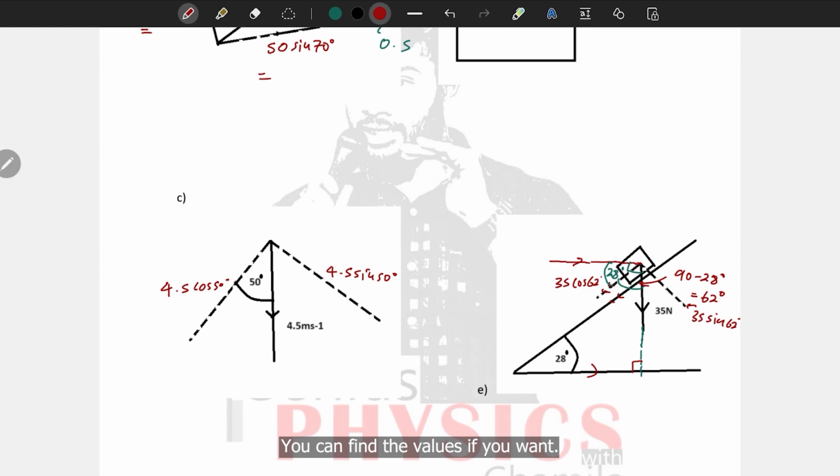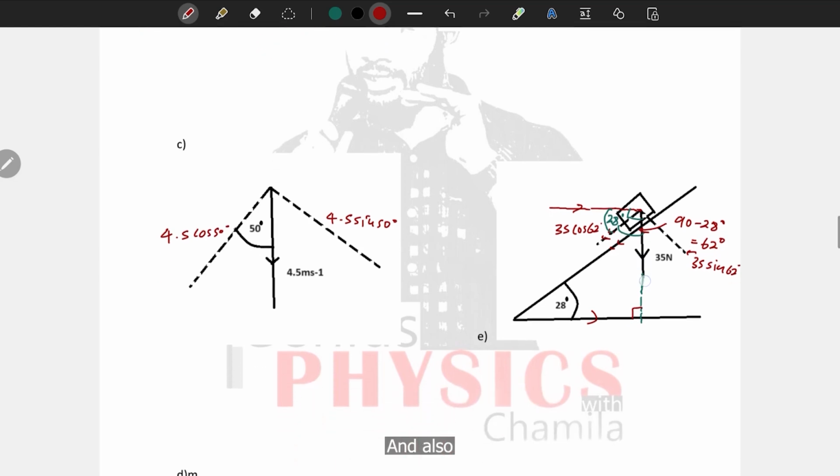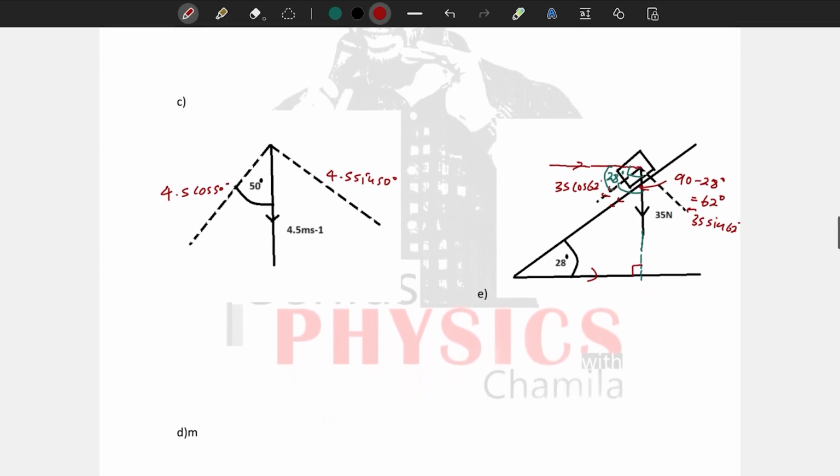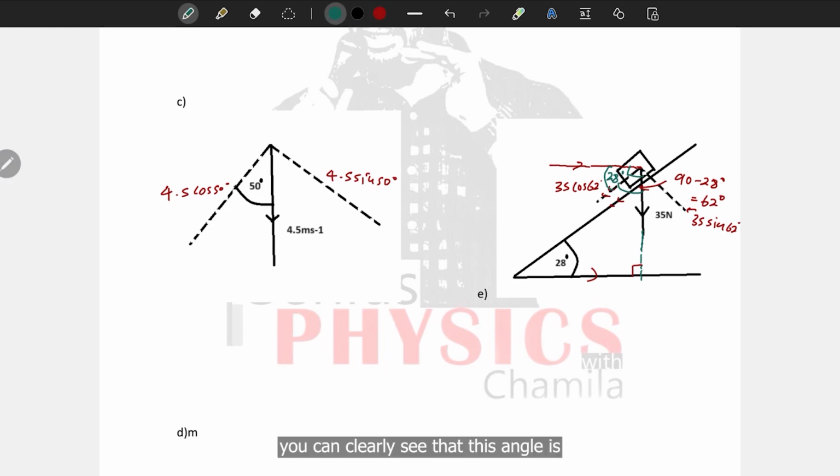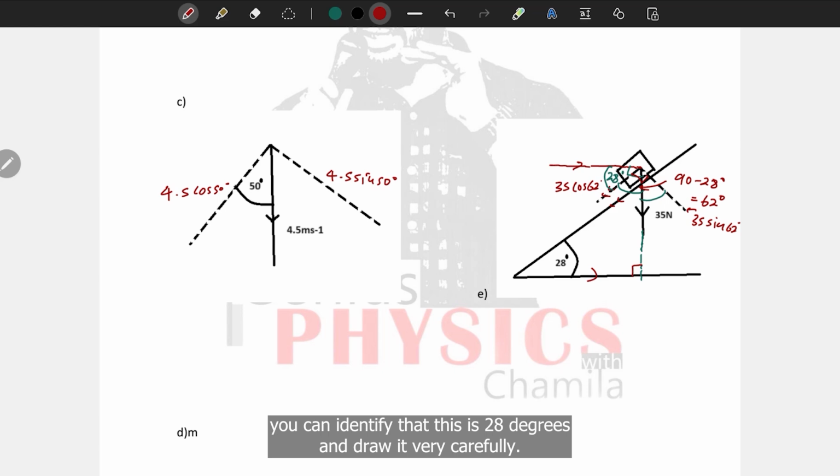You can find the values if you want. And also you can clearly see that here too this is 90 degrees. If you carefully observe, you can identify that this angle is 28 degrees.